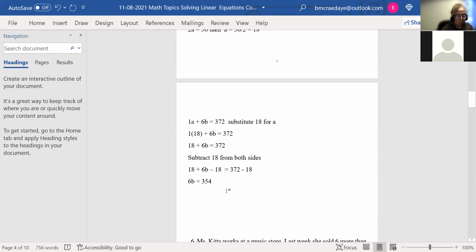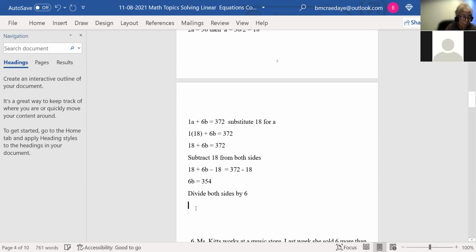Okay, 354. Then you divide both sides. That's it. Divide both sides by what? 6. That's it. Very good. Divide both sides by 6.